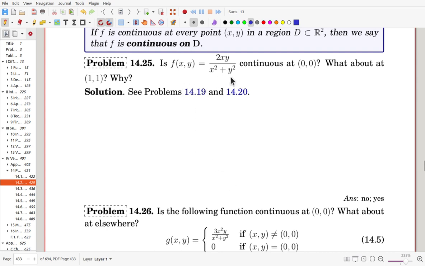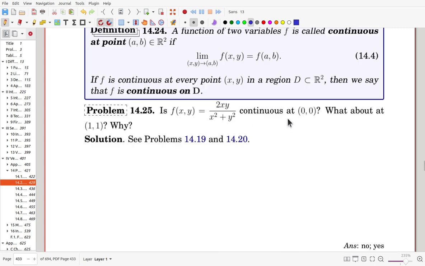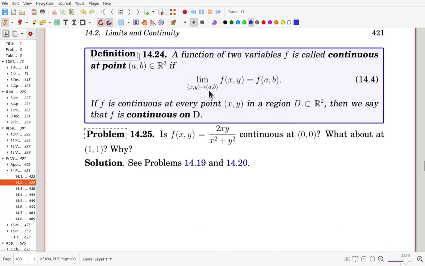f of (x,y) is defined in this way. We want to see if it is continuous at (0,0). What about at (1,1)? Now, if we want to say that the function is continuous at (0,0), then this must be satisfied.